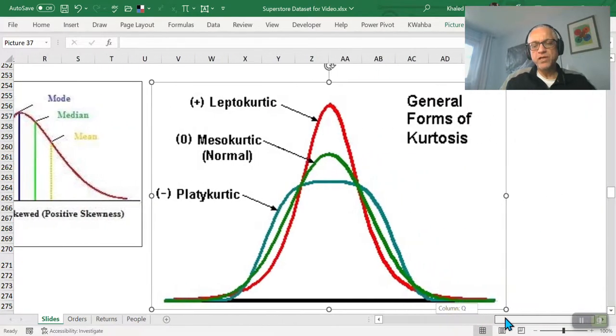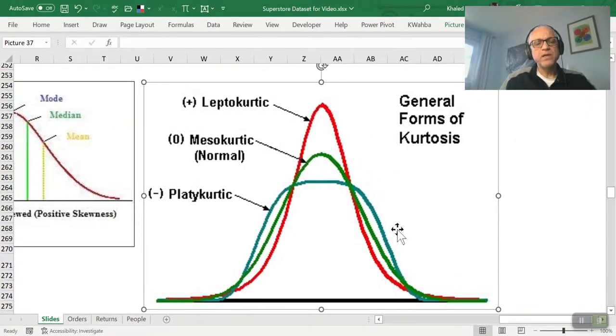If I go here to another representation of kurtosis, you can see kurtosis means the peak. If it's a positive kurtosis, then the peak is very clear here, but if it's a negative kurtosis, it will be flat, so you cannot see clearly any peak.